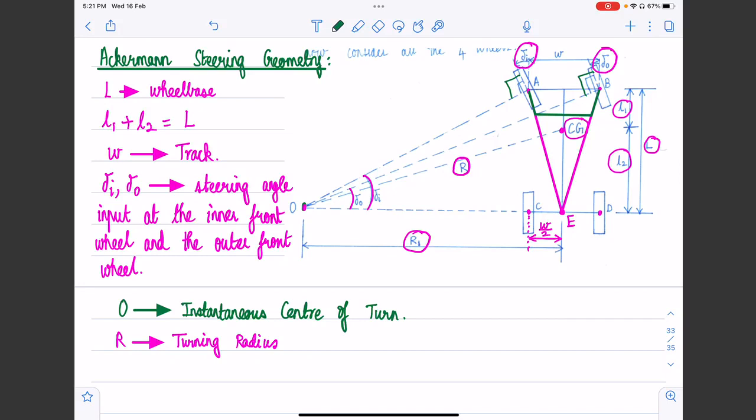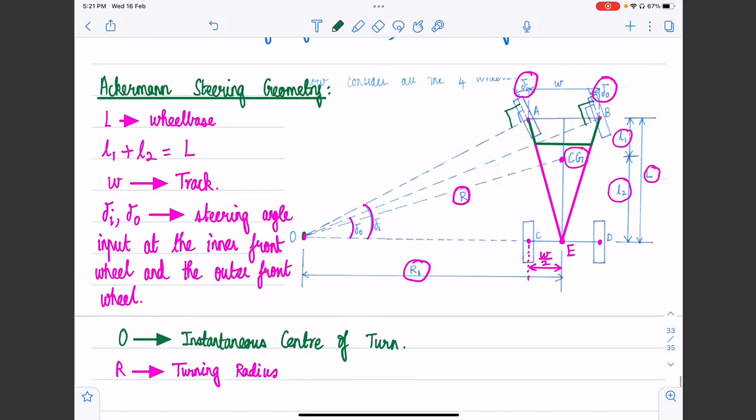That is why we rotate the inner wheel by delta I, and the outer wheel by delta naught, and delta I is greater than delta naught. We are not calling it left and right. I'm calling it inner and outer, because if you change the direction of rotation, the right wheel will become the inner wheel and the left wheel will become the outer wheel, right? Okay, got it, sir.